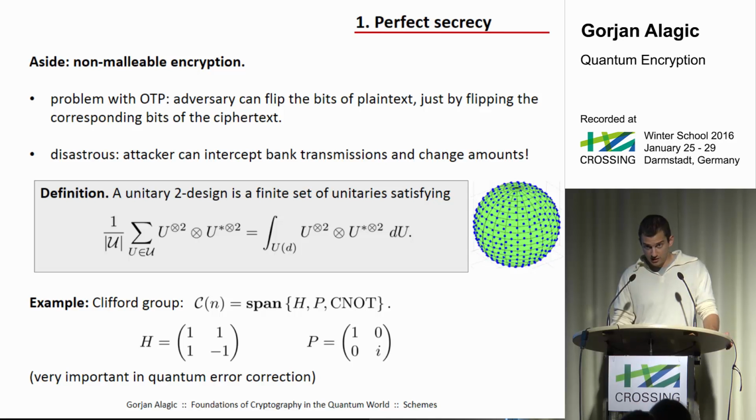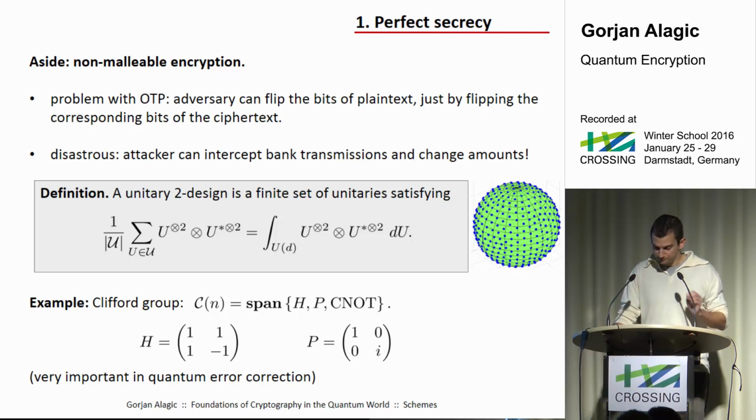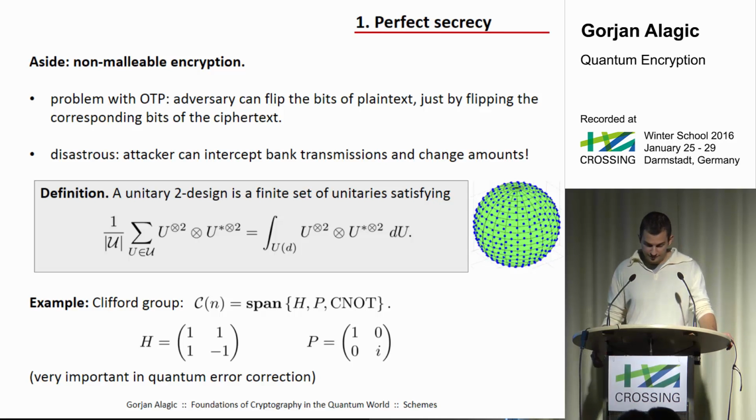Somehow here, what's happening is that we're not just emulating matrix entries of this unitary operator, we're also emulating squares, products of them. So this is some sort of second moment effect. I won't go into the details. Let me just say that there is a nice example of a unitary two-design which you've already seen, which is the Clifford group.